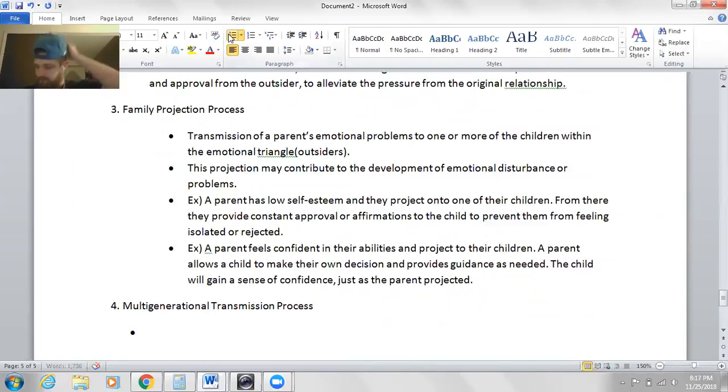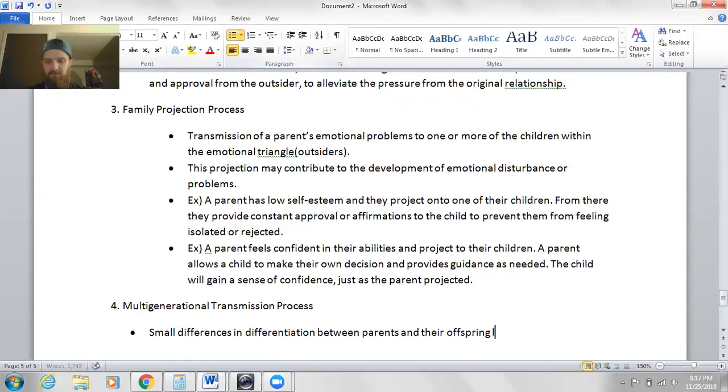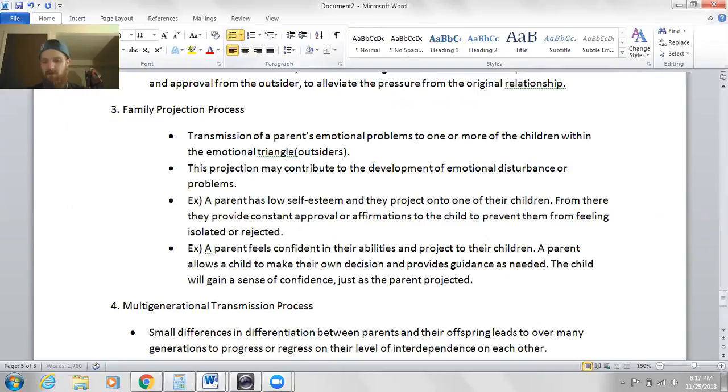So this involves small differences in differentiation between parents and their offspring that lead, over many generations, to progress or regress on their level of interdependence on each other.